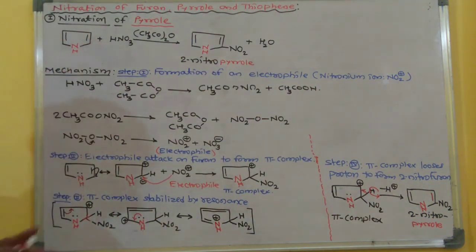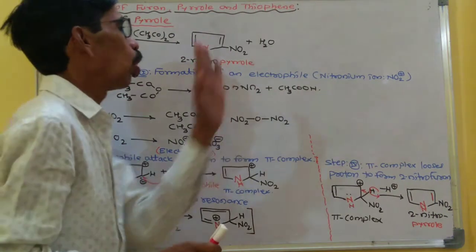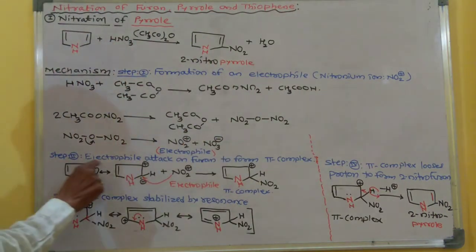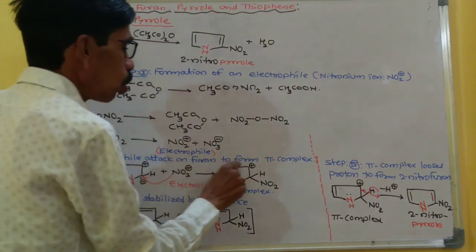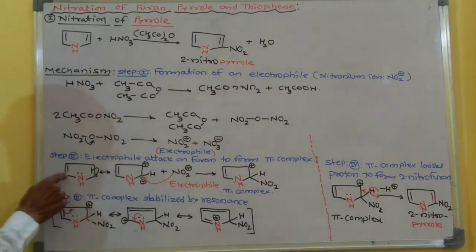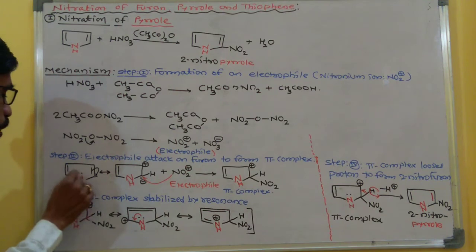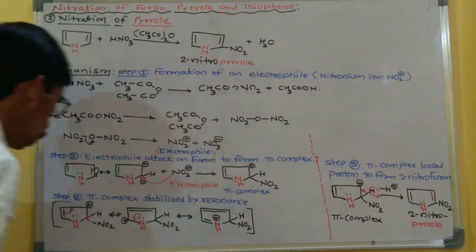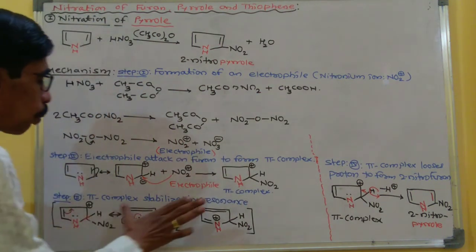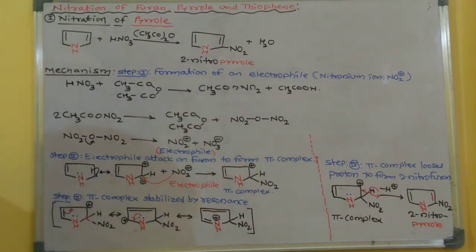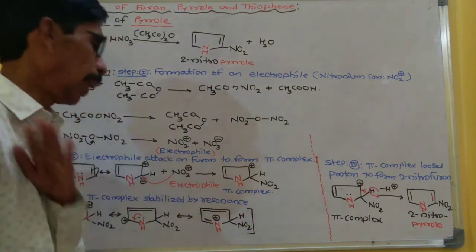The first step of the mechanism is as it is, the formation of the nitronium ion. Second step, electrophile attack on pyrrole to form the pi complex, is as it is in furan. The difference is that in place of oxygen we have substituted NH. Third step is the pi complex stabilized by resonance. In place of oxygen we have substituted NH.